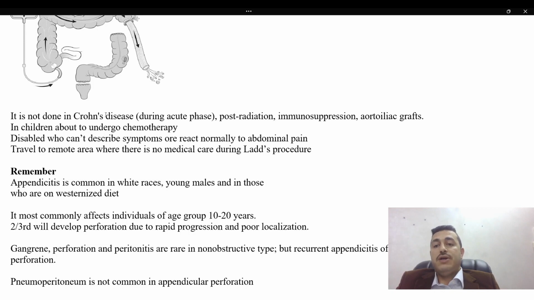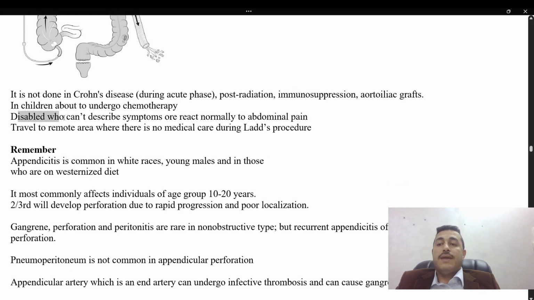If we know that the patient has Crohn's disease, we do not proceed to appendectomy in the acute phase. But if we do not know, we enter the abdomen, we found feature of Crohn's disease, and the appendix is normal, remove it.